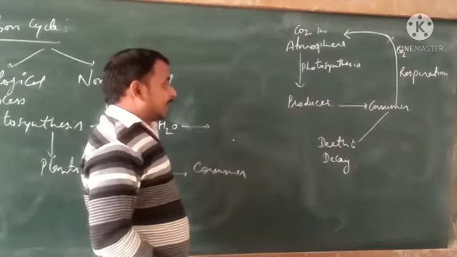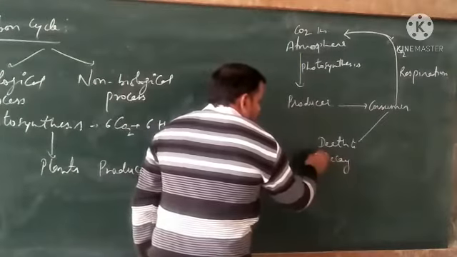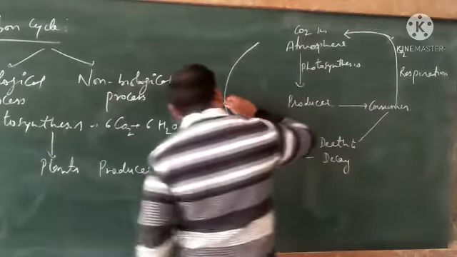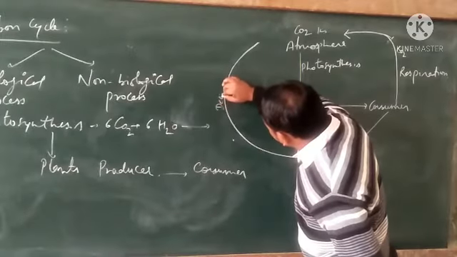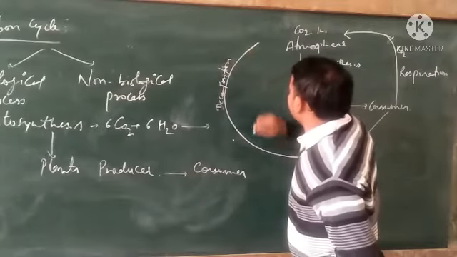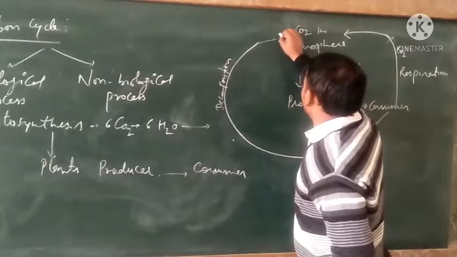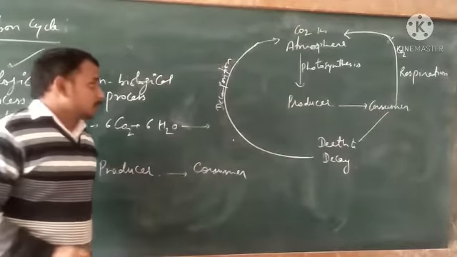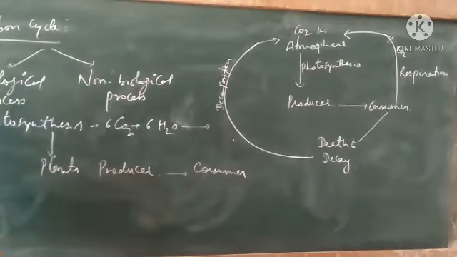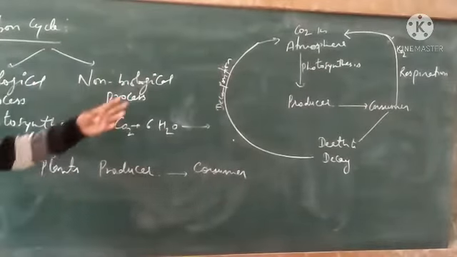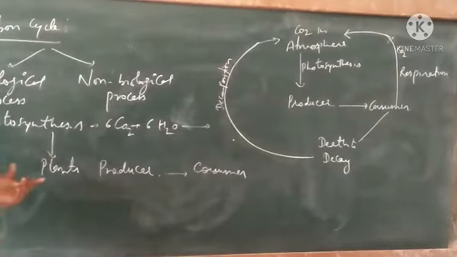After death and decay, it comes under decomposition by decomposers, and after decomposition CO2 is released, which is again mixed into the atmosphere. So this is the biological fixation of carbon in cyclic form by the processes of photosynthesis, respiration and decomposition.